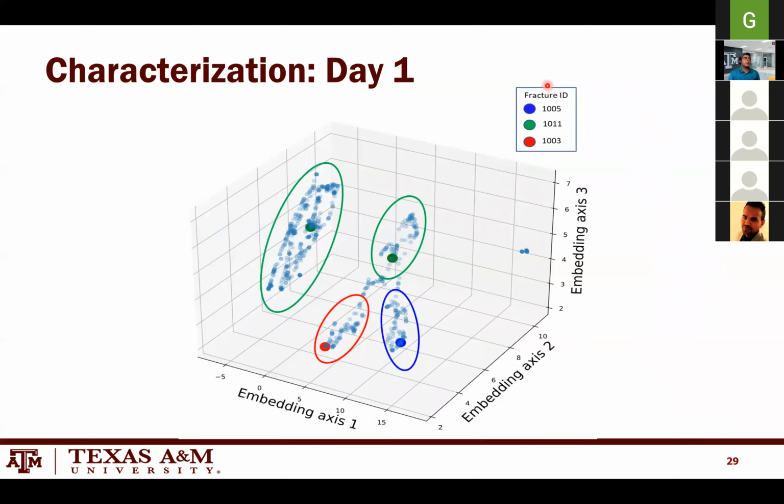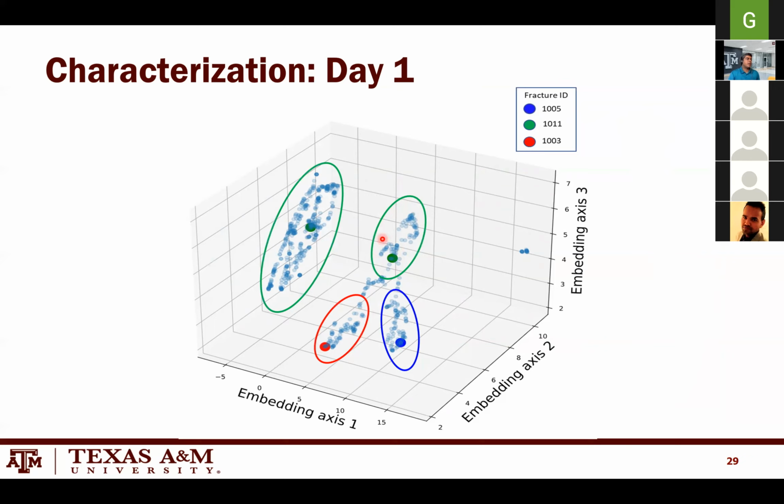Now, Lawrence Berkeley generated fracture IDs for some of these locations. Once they generated the locations, they assigned fracture IDs to them. We didn't do it. When we put these fracture IDs on, what we see is that different fracture IDs belong to the different sets of groups that we have created in the UMAP space.